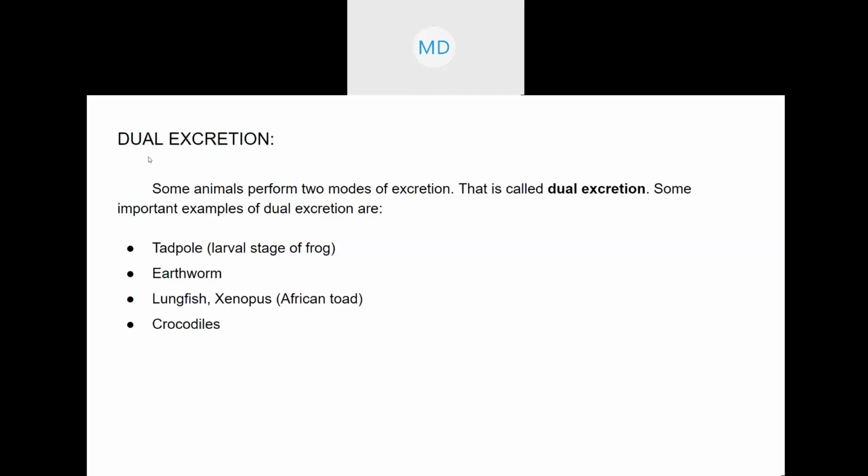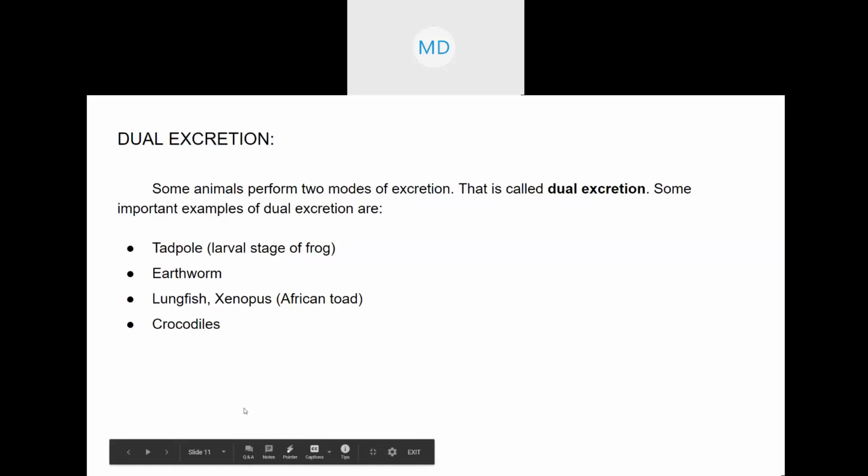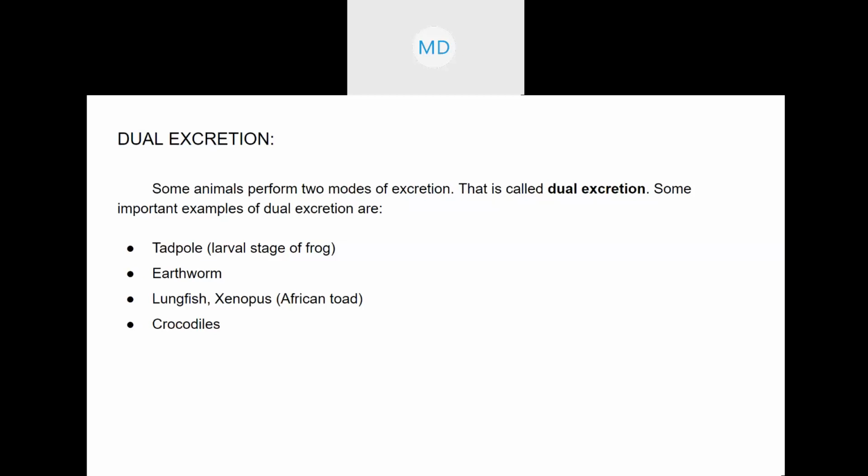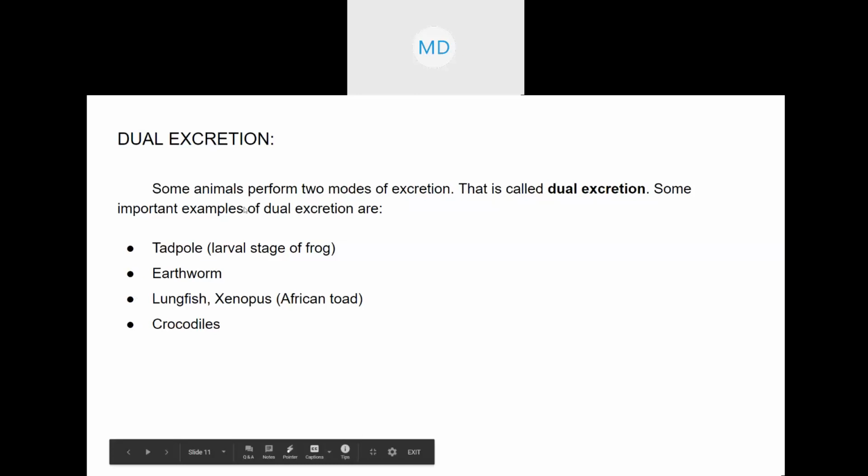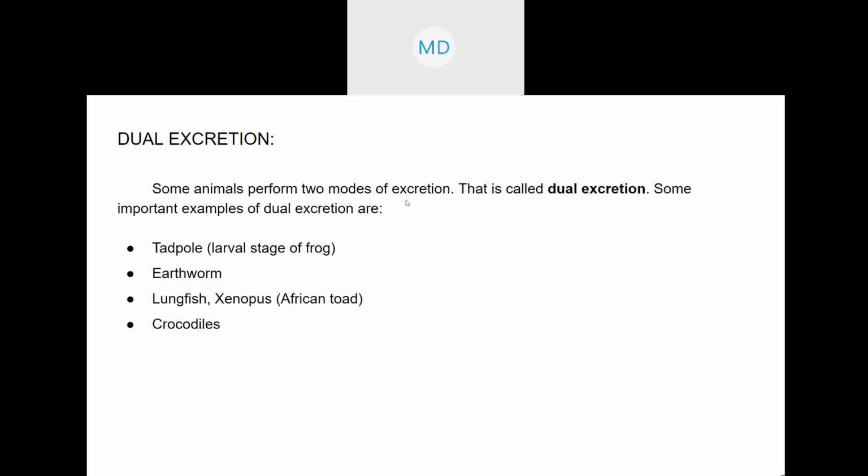Dual means two, right? Don't confuse it. Here you can see the definition: some animals perform two modes of excretion, known as dual excretion. We'll look at the examples now.